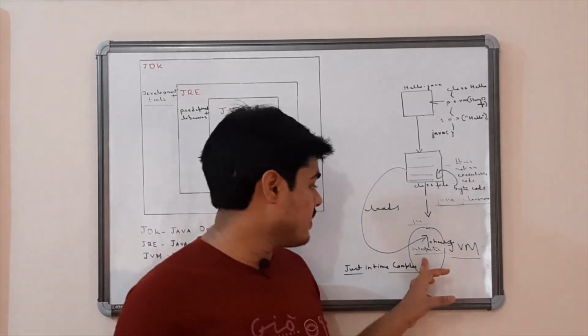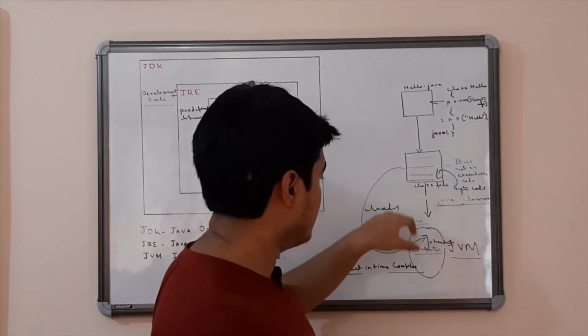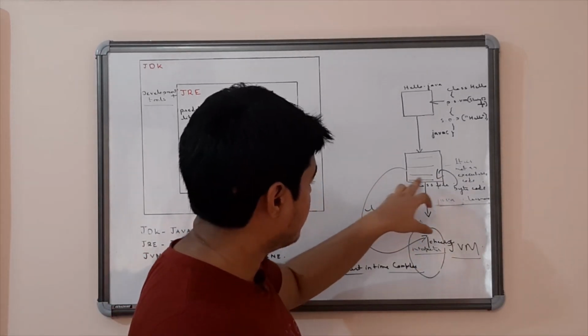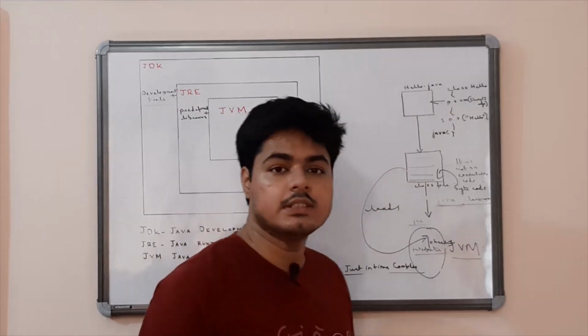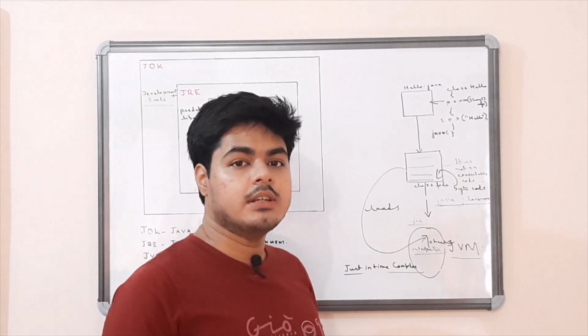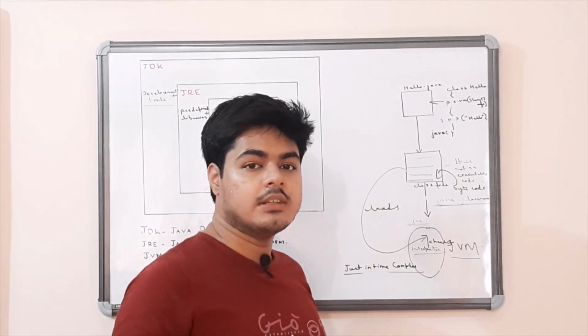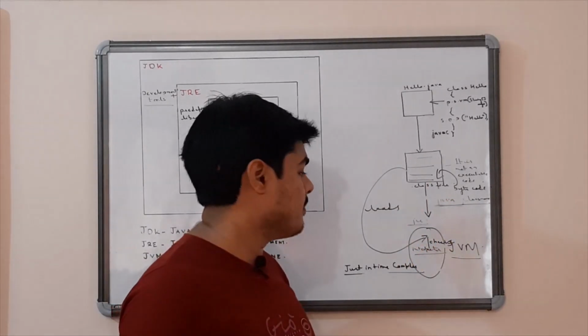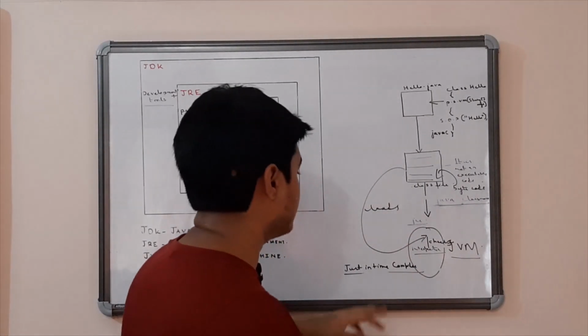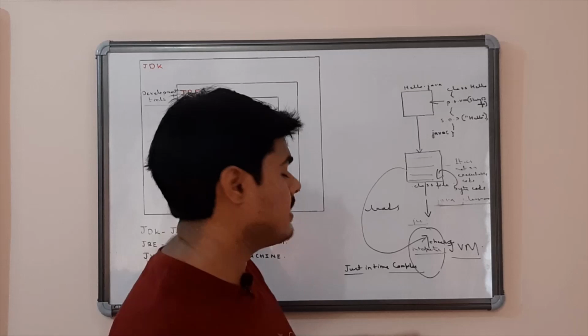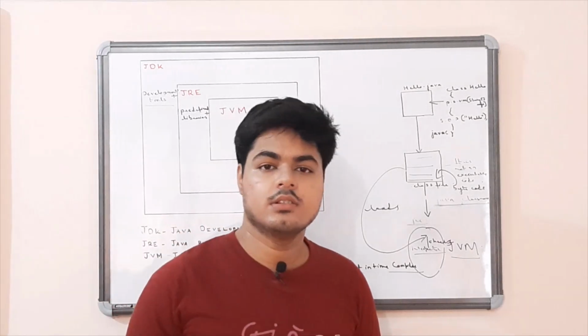So whenever the interpreter executes the bytecode line by line and finds that a certain piece of code is repeated many times, it does not translate the bytecode into native code. Instead, it executes the code generated by the just-in-time compiler.